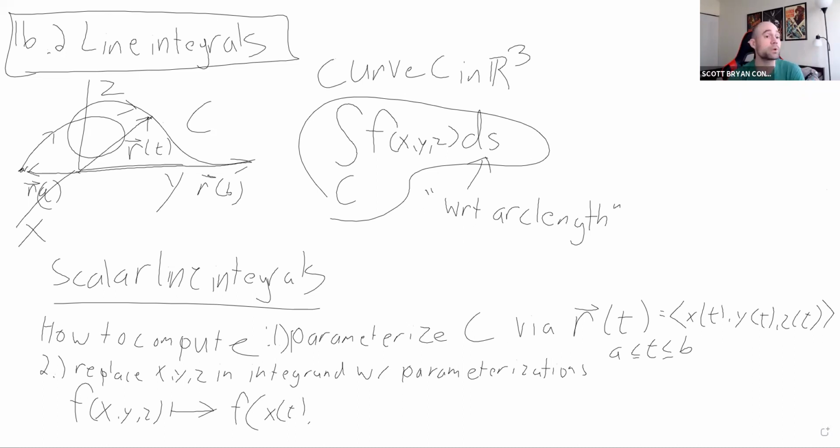So we replace x with its parameterization in terms of t, y with its parameterization in terms of t, z with its parameterization in terms of t. And for shorthand, we will write this as f of R of t.